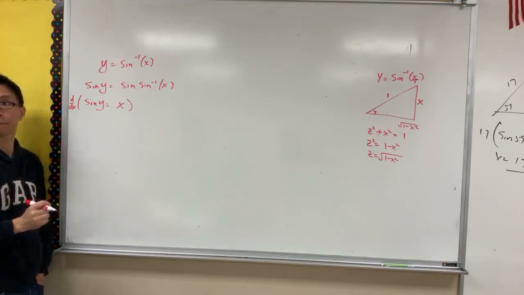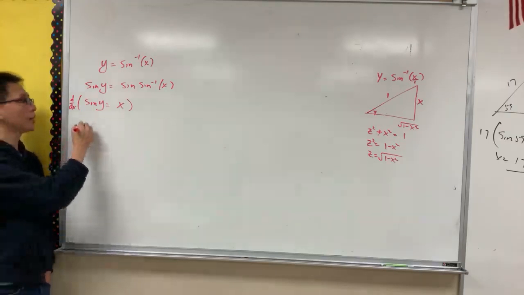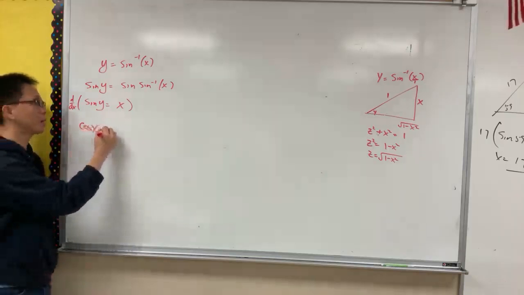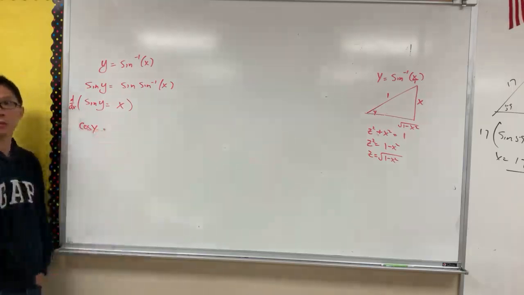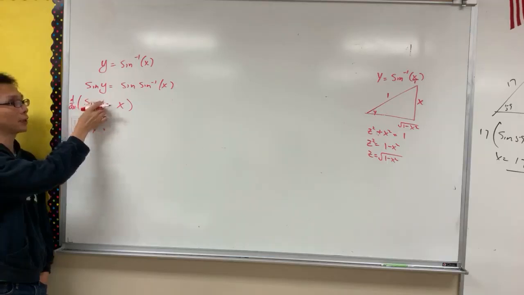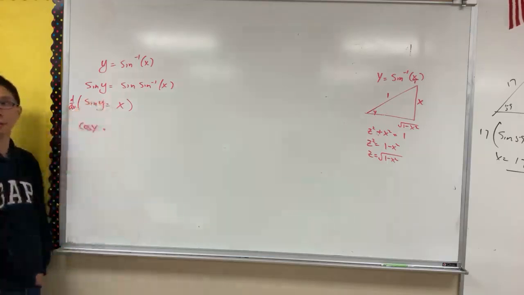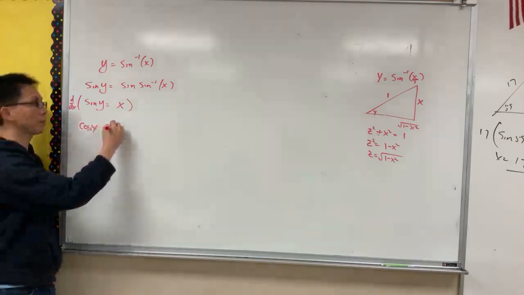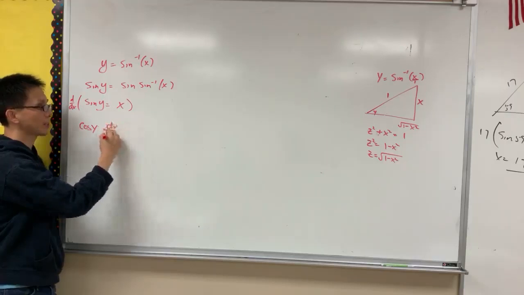Good. Cosine. Okay, cosine what? Y, and then times what? The chain rule. Once you take a derivative of the sine, you have to take a derivative of y. What's the chain rule? dy dx.